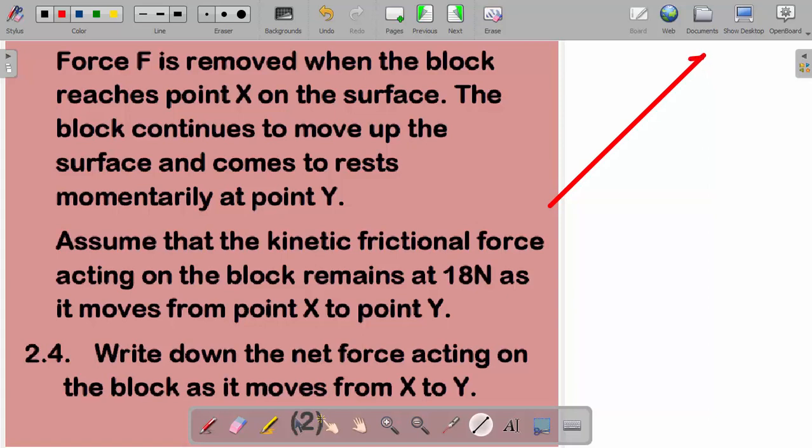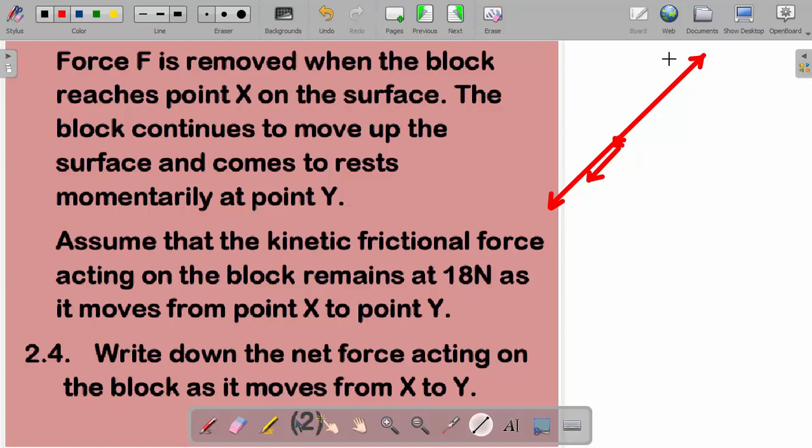So this side is frictional force here, and this is the body here. Now apart from this frictional force, there is also what we call Fg parallel, which is the component that is also opposing the motion. Okay, so this is our Fg parallel here.